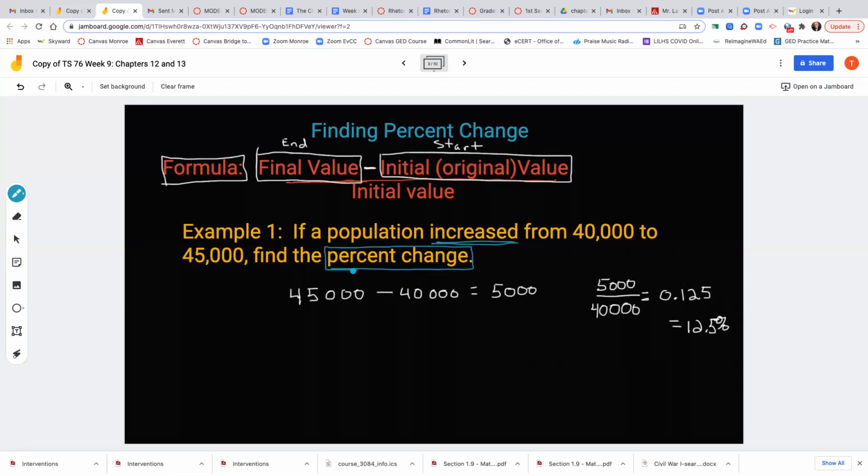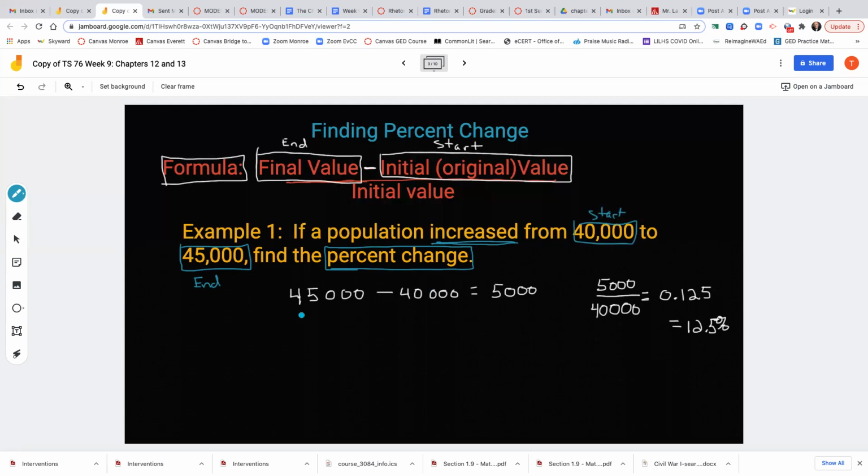All right. So I'm going to plug it in my formula. I take the final value, which is 45,000. That's my end value. I'll put end because that's quicker, okay? And this is my start value, okay? All right.